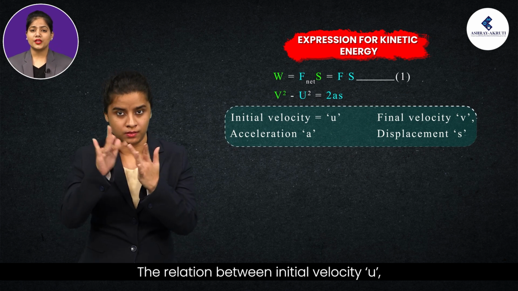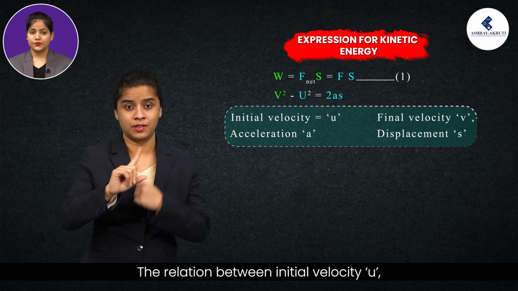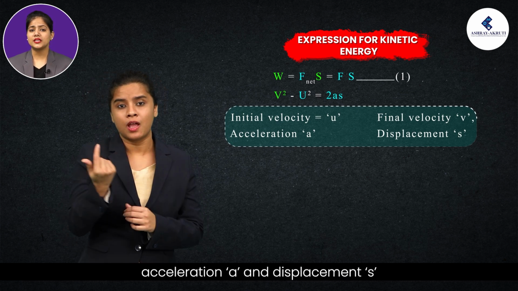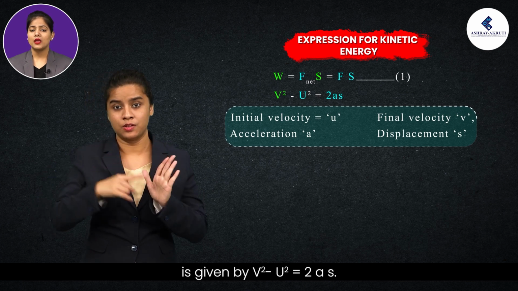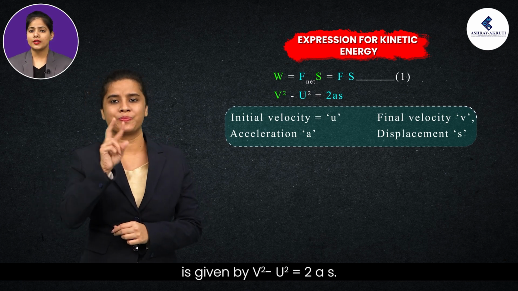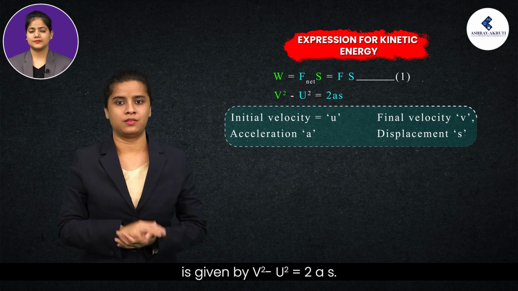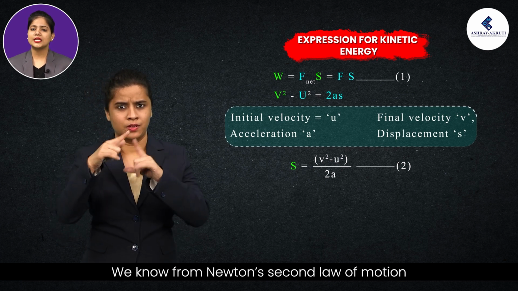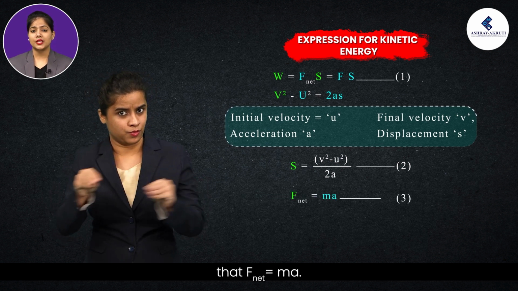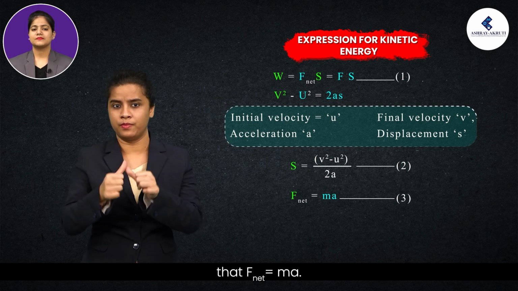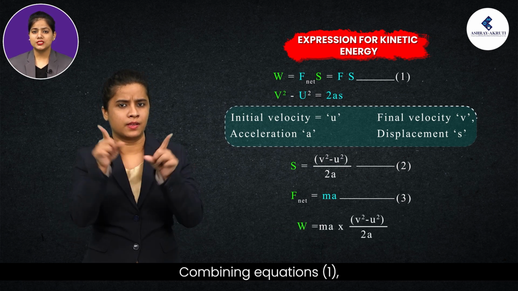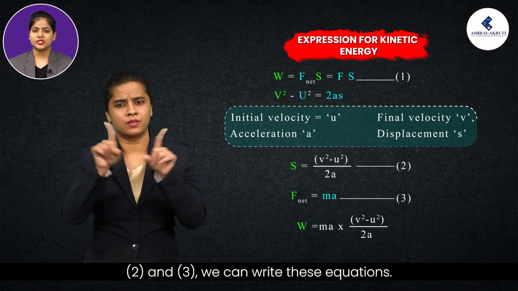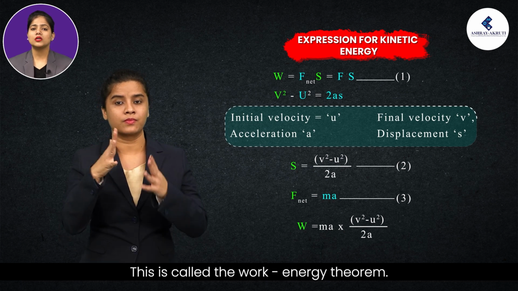The relation between initial velocity u, final velocity v, acceleration a and displacement s is given by v square minus u square is equal to 2as. It can be represented like this also. We know from Newton's second law of motion that F net is equal to ma. Combining equations 1, 2 and 3, we can write these equations. This is called the work energy theorem.